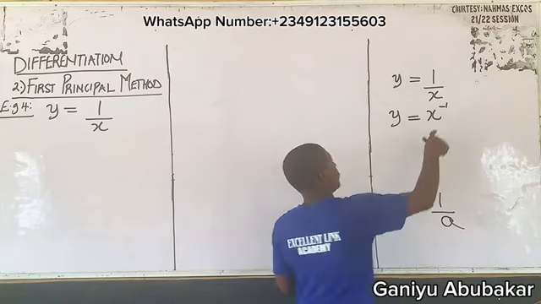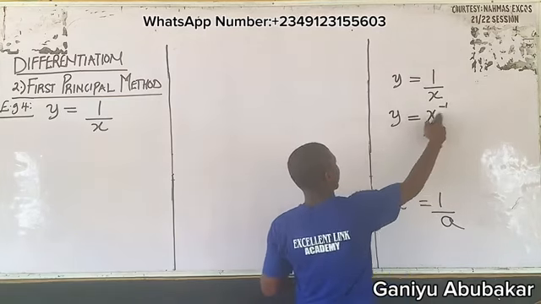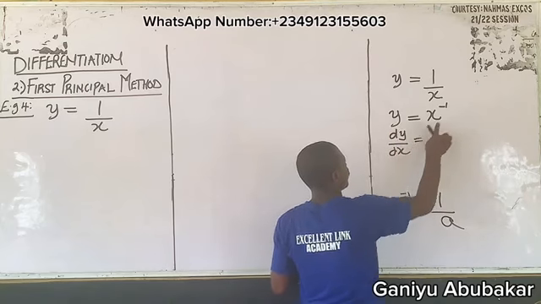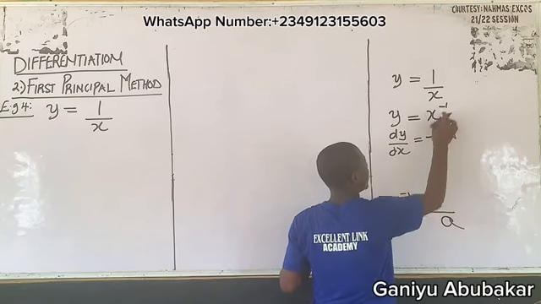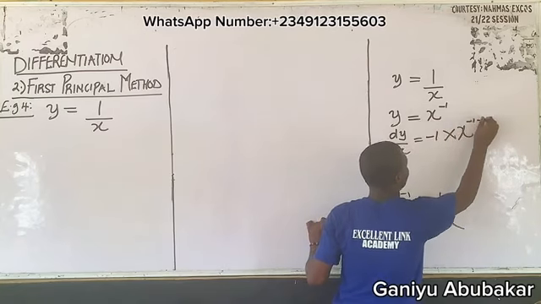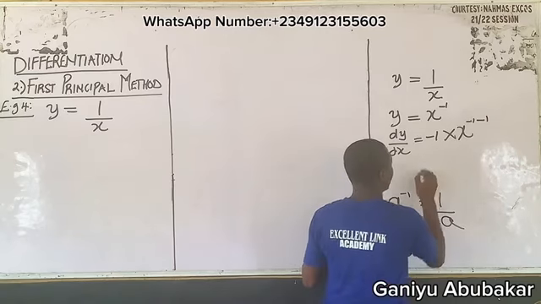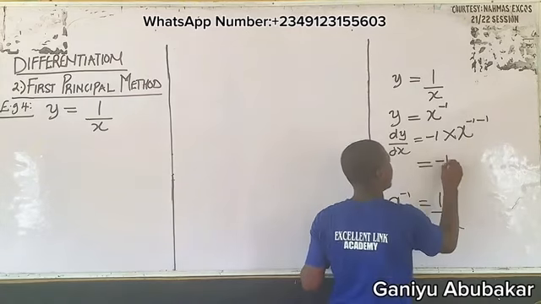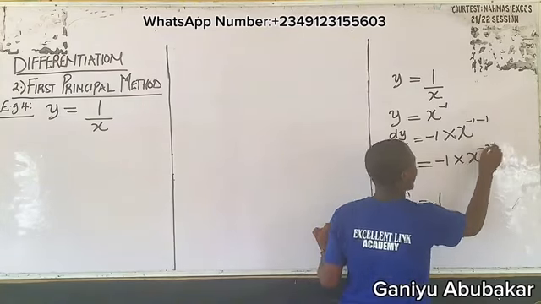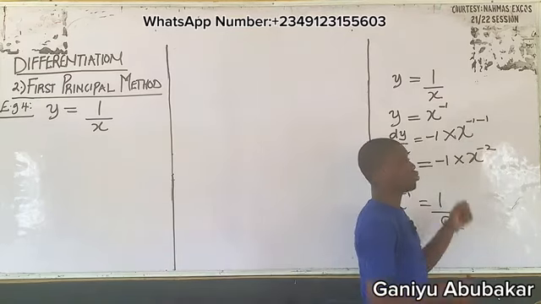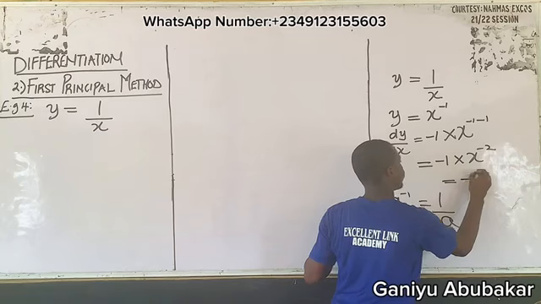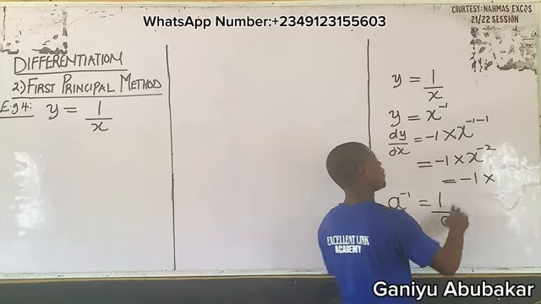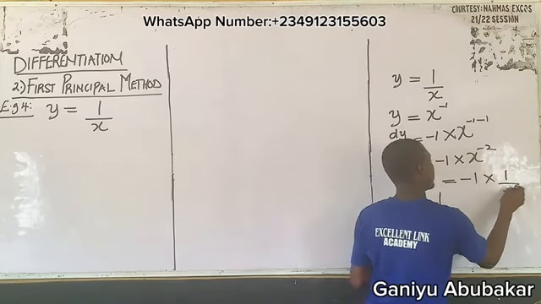The concept is to multiply by the power. So I shall have dy over dx equal to, what's the power here? Minus 1 times x to the power minus 1, also minus 1. From the general method, please try to watch the video; you should know this now. Minus 1 remains the same, times x to the power minus 2, because minus 1 minus 1 gives minus 2. Here I have minus 1 times x to the power minus 2, because a to the power minus 1 is 1 over a, so x to the power minus 2 is 1 over x squared.